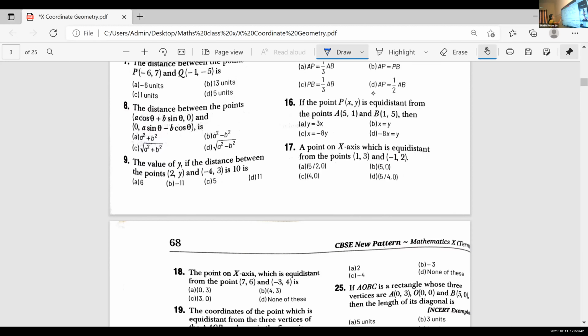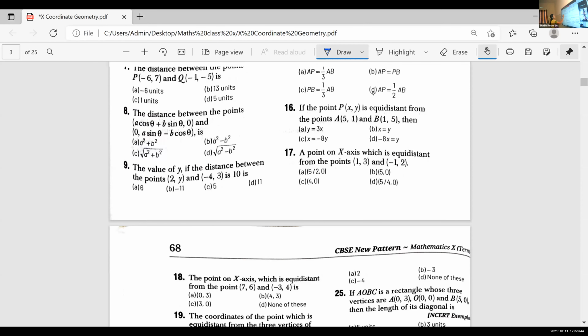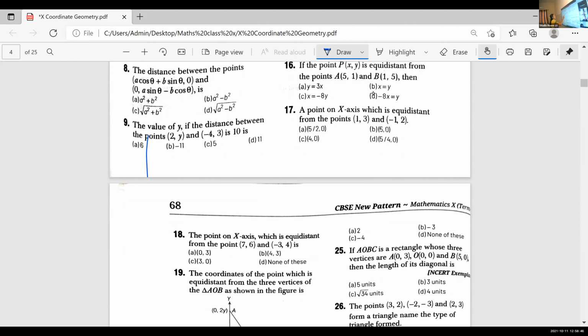Distance is given by root of (x2 - x1) the whole square plus (y2 - y1) the whole square. So it is (a cos theta + b sin theta - 0) the whole square plus (0 - ...) again (a sin theta - b cos theta) the whole square.